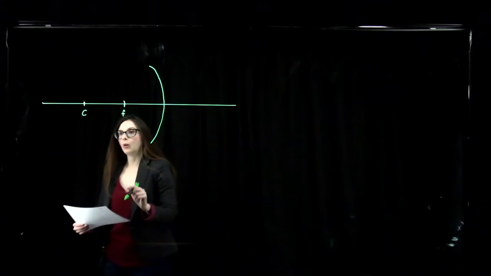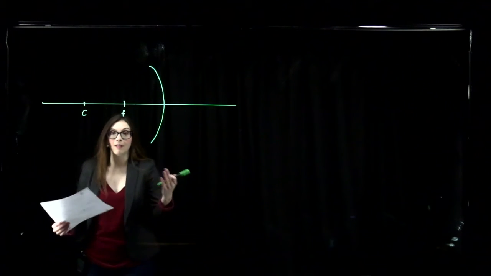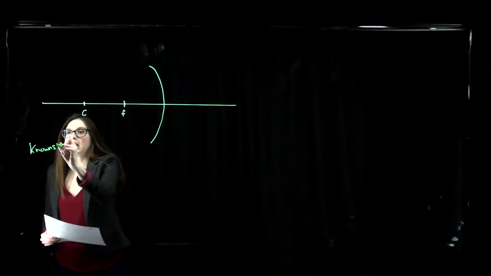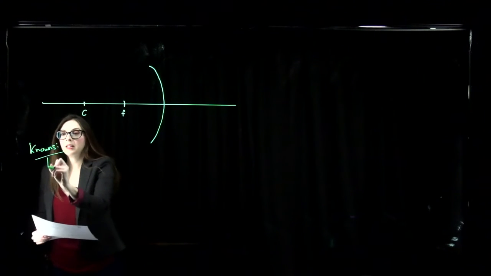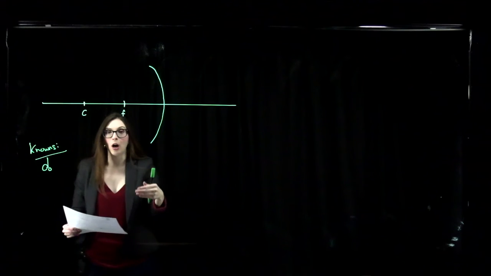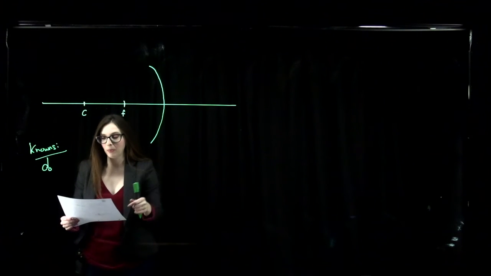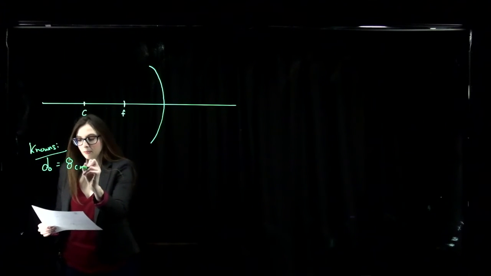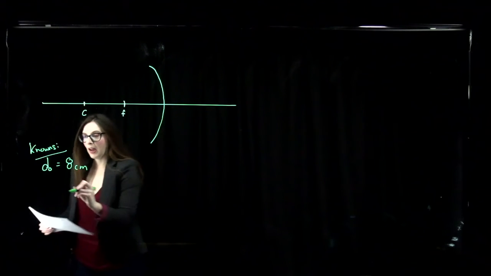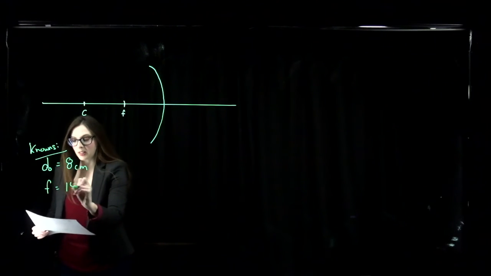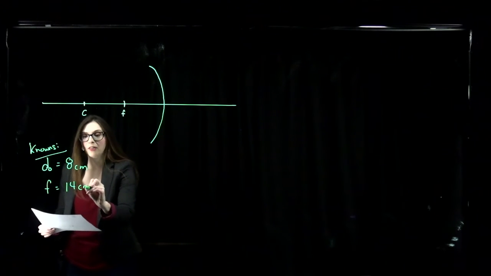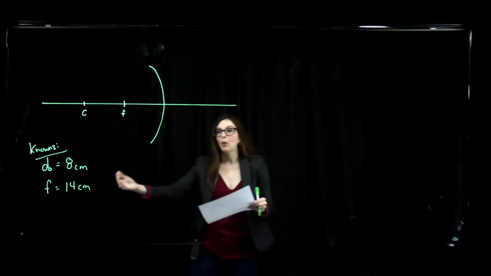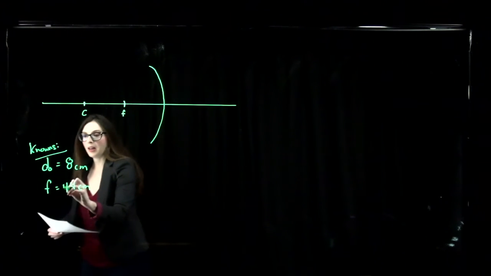Okay, so our knowns and unknowns. We have d_o, that's the distance that our object is away from the mirror. That's 8 centimeters. And the focal length of our mirror is 14 centimeters. When we have a concave mirror, our focal length is positive.